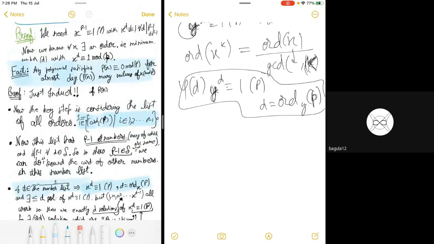So now we can define a list S. Notice that S is not a set because it can contain an element more than one time. It is basically the list of orders modulo p.